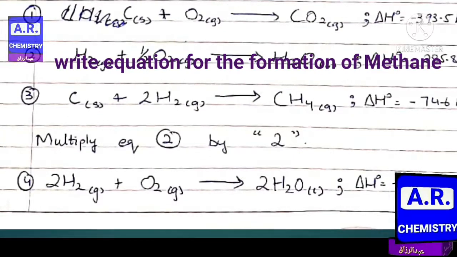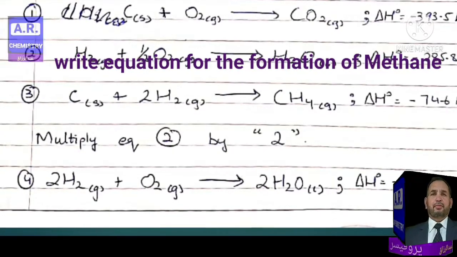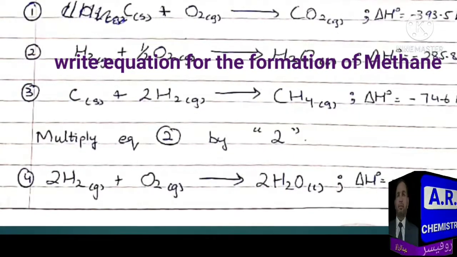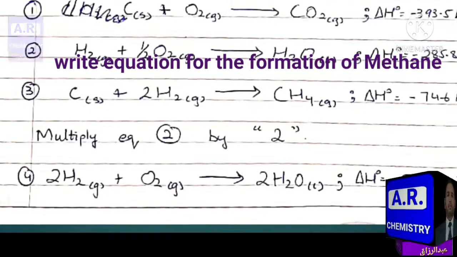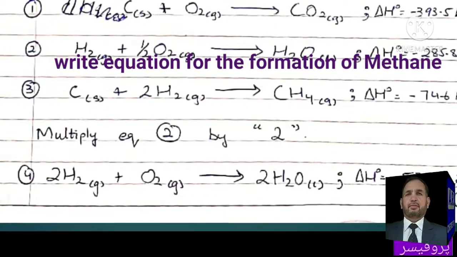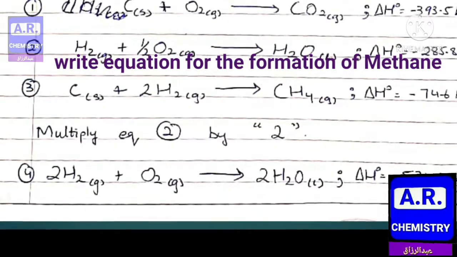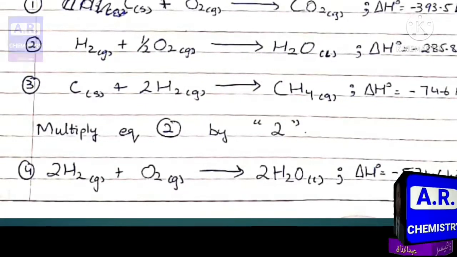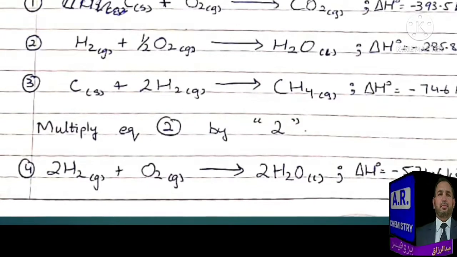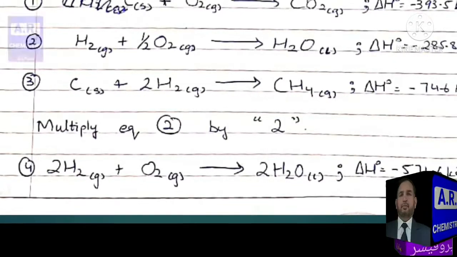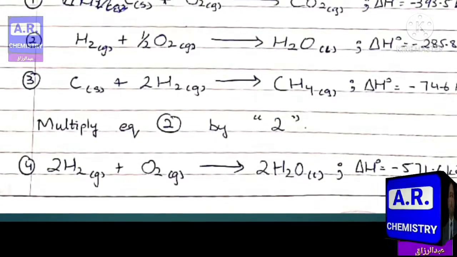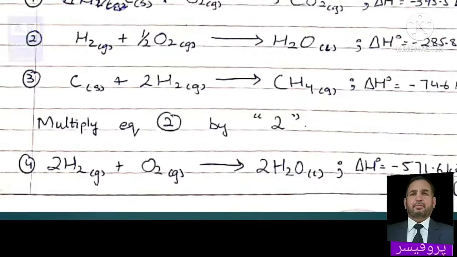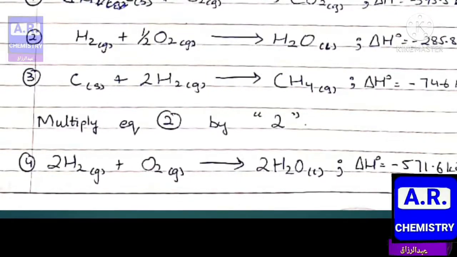And the enthalpy of formation of methane is minus 74.6 kilojoules per mole, as is given in your 2020 edition of the second year chemistry textbook.